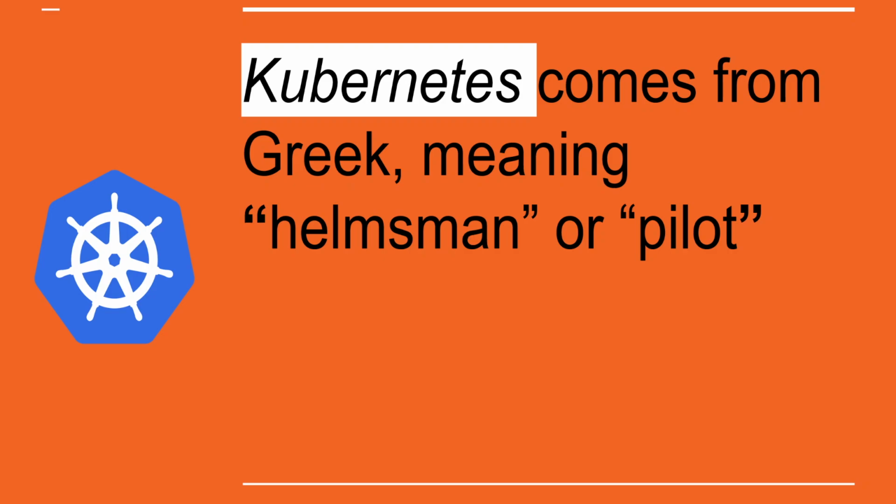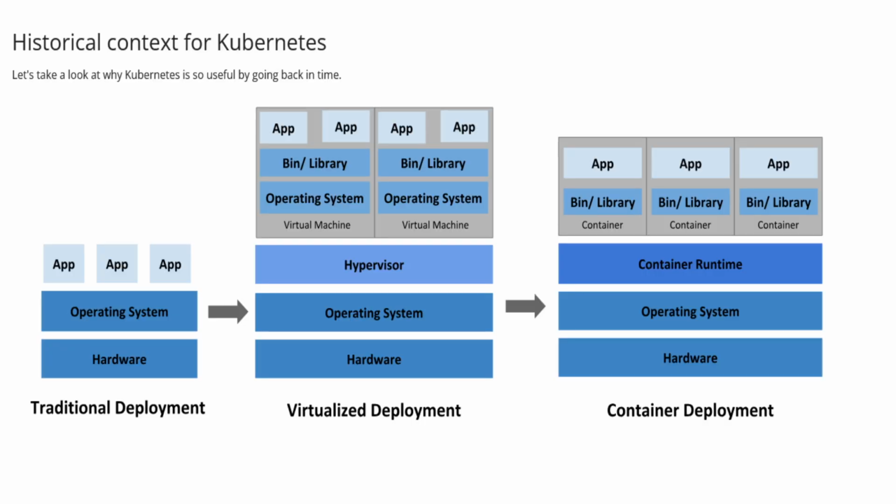As a pilot orchestrates or controls the flight or a ship, Kubernetes controls or orchestrates the container management and the deployment. So typically, we used to have a hardware operating system and various apps, and then we got virtualization. So you put a hypervisor between your operating system and the app, and many apps could be containerized or separated by using virtual machines.